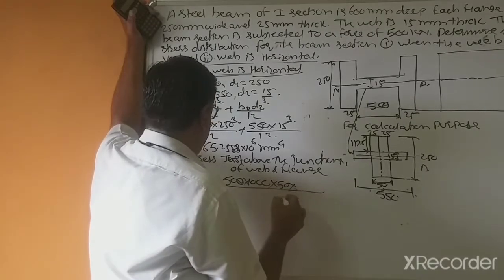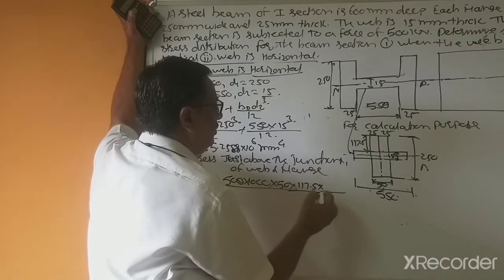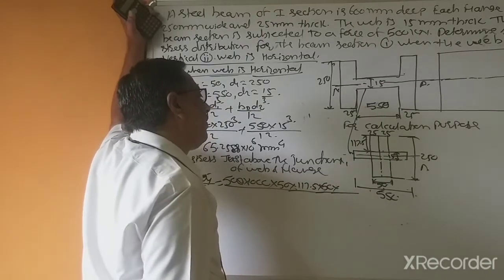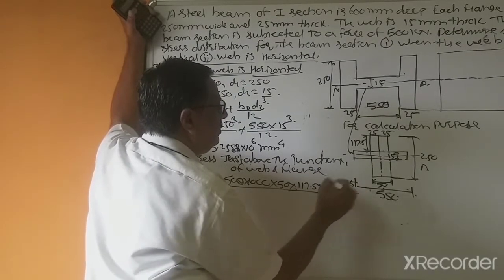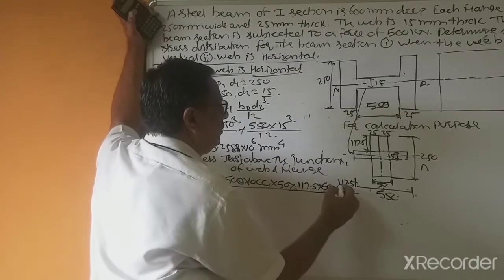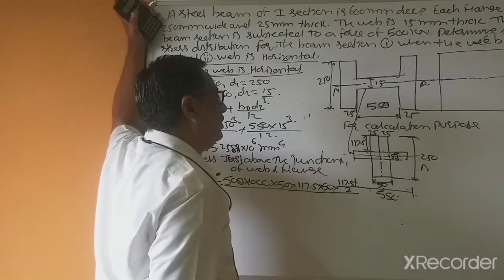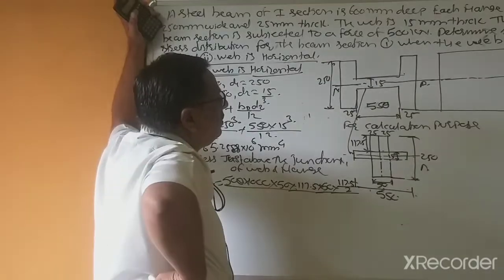So that's why 117.5 multiplied by 50, 117.5 divided by 2.